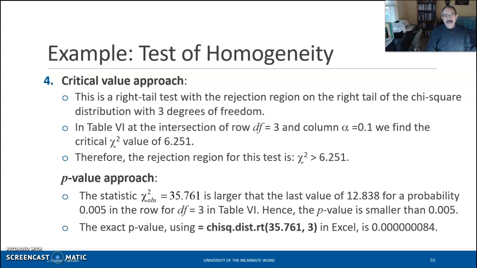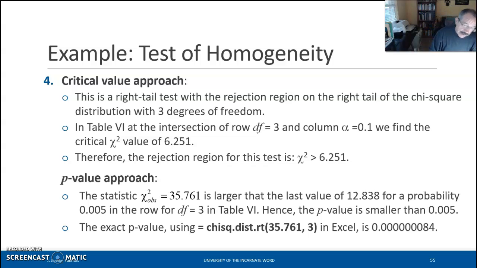You will see that the largest value in that row is 12.838, which corresponds to a probability of 0.005. Because the test statistic is larger than that, the p-value is going to be smaller than 0.005.